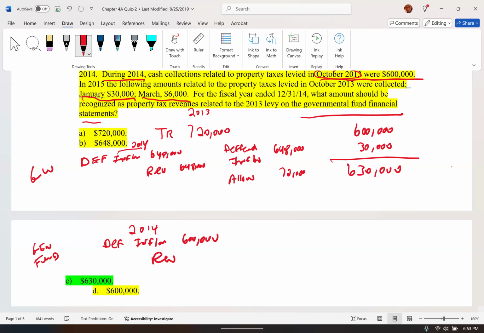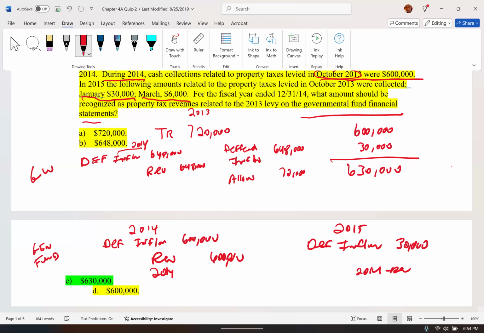Now, even though I'm in 2015, for that amount in January, the 30,000, I would debit deferred inflow for the 30,000. And I would still have my 2014 revenue ledger open. So 2014 revenue, I would credit that 30,000, and that's okay because I'm not issuing the financial statements till a couple months after the fiscal year.